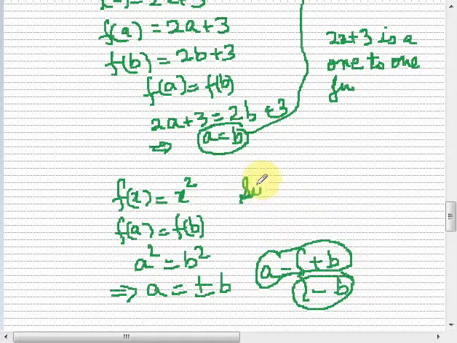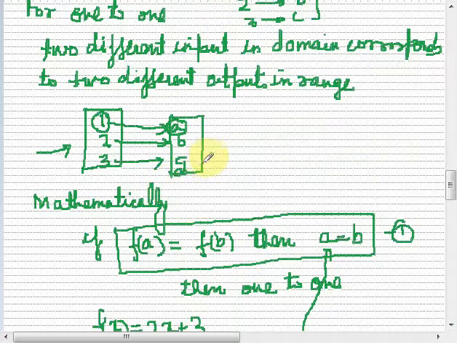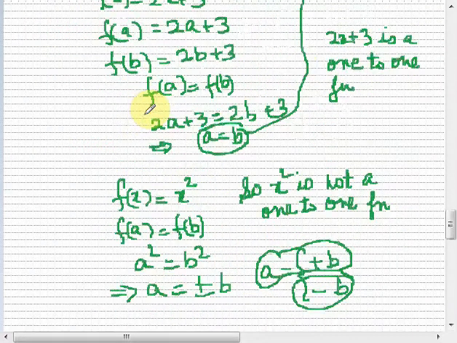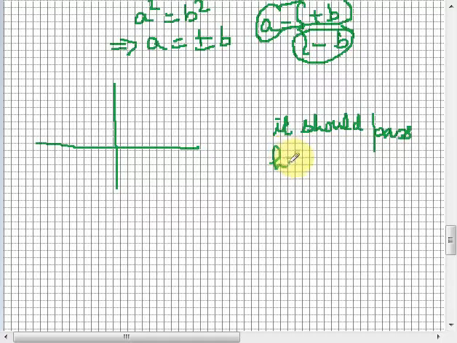So x square is not a one-to-one function. I explained it through ordered pairs and mathematically. What is the significance graphically? For a function to be a one-to-one correspondence, it should pass the horizontal line test.